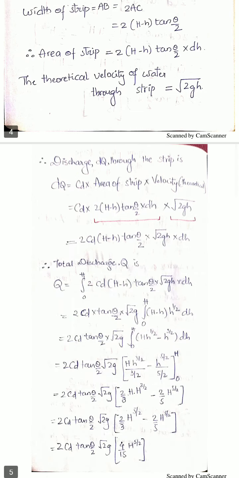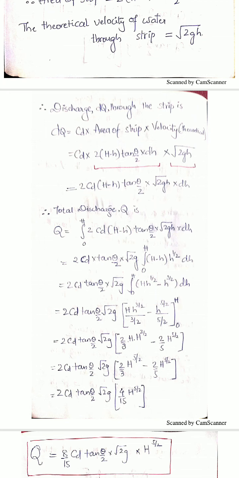Then for total discharge we have to integrate the equation from the 0 to H limits, as we previously did in the rectangular notch. So Q equals the integration over 0 to H of 2 into CD into (H minus h) into tan theta by 2 into square root of 2gh into dh.